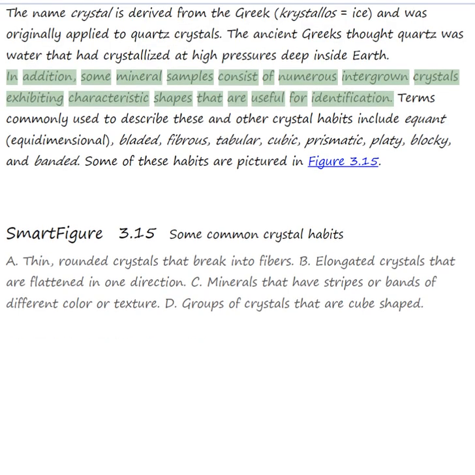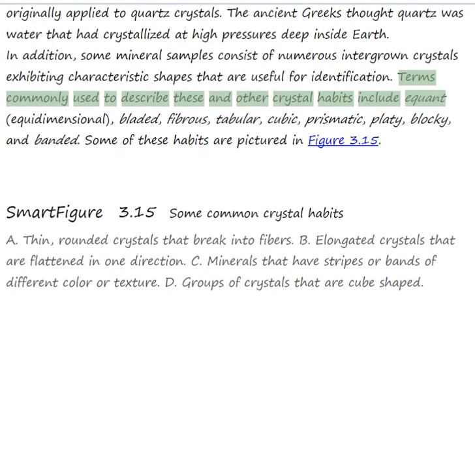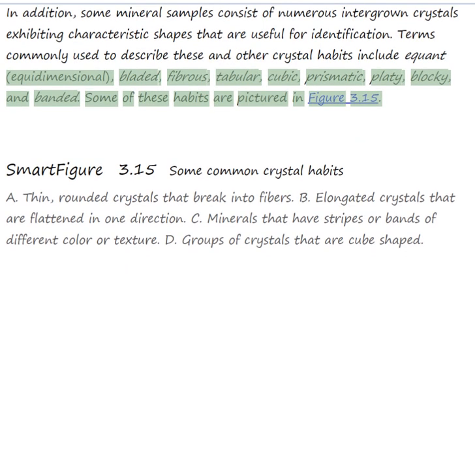In addition, some mineral samples consist of numerous intergrown crystals exhibiting characteristic shapes that are useful for identification. Terms commonly used to describe these and other crystal habits include equant, bladed, fibrous, tabular, cubic, prismatic, platy, blocky, and banded. Some of these habits are pictured in Figure 3.15.